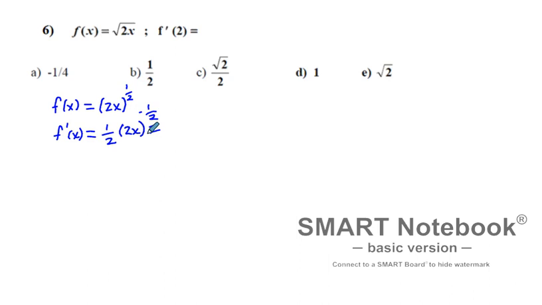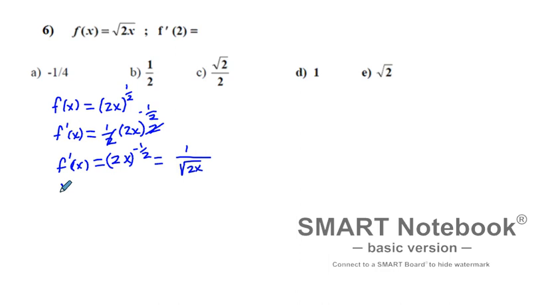So we have 2 times 1/2 that cancel each other. So we're left with f prime of x is equal to 2x to the negative 1/2 power, which is equal to 1 over square root of 2x.